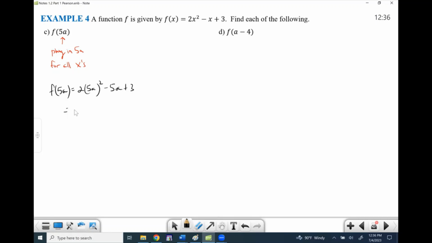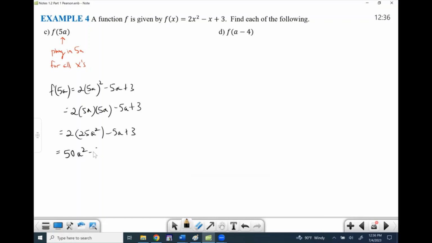So again, we have to do 5a times 5a. You got to do the exponents first. So 5a times 5a. Well, 5 times 5 is 25, and a times a is a squared. So 2 times the 25 is going to be 50.